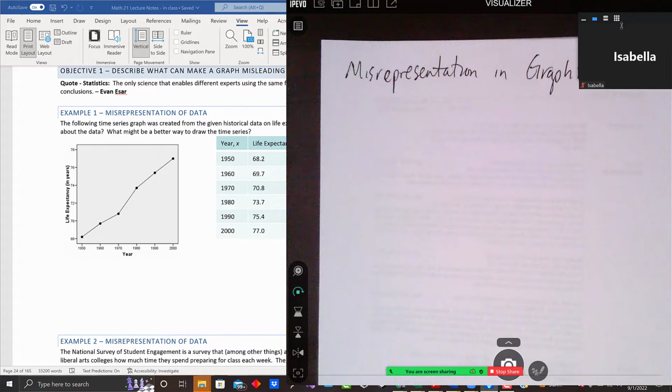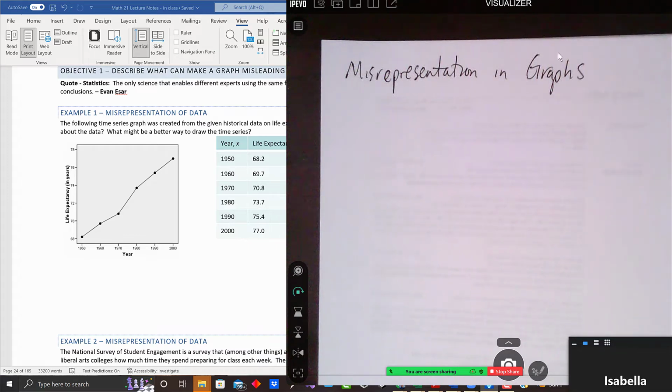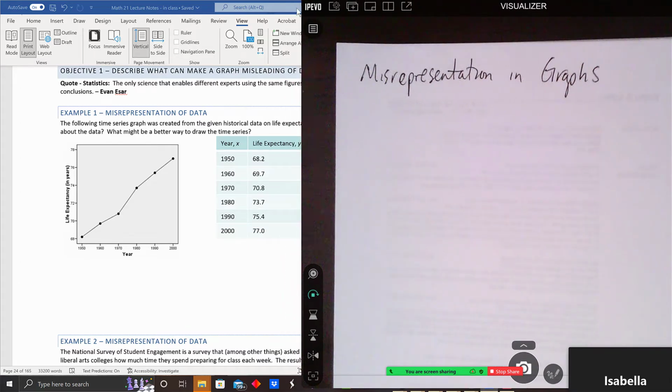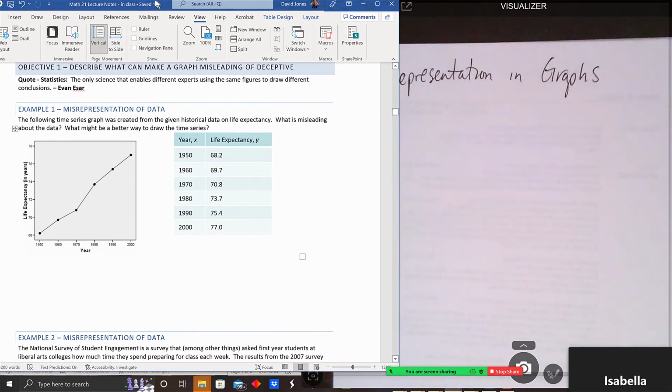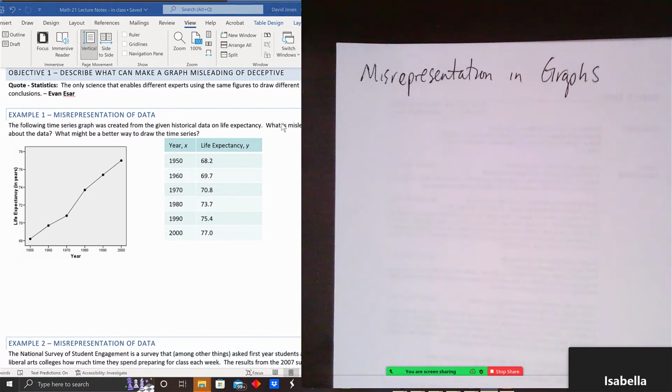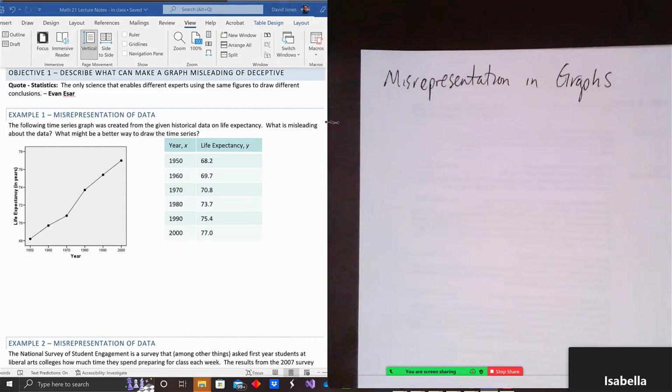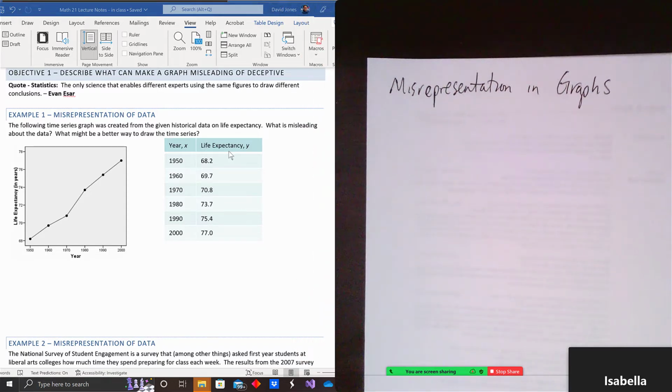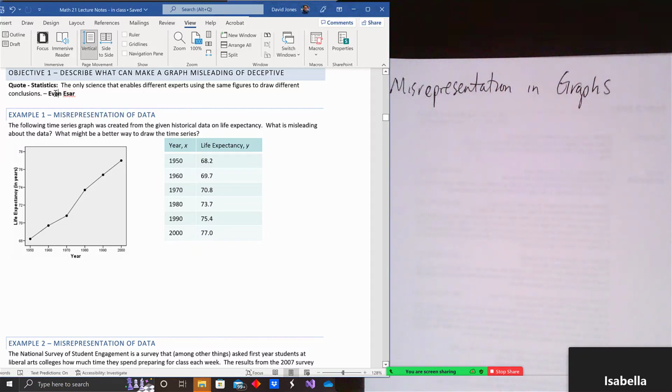But I'll put this over here as something to write on, to highlight what I'm doing or talking about while I do it. So, misrepresenting data. What is that? Why does that have that name?